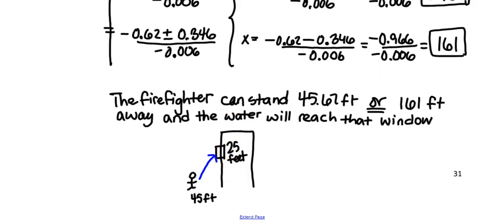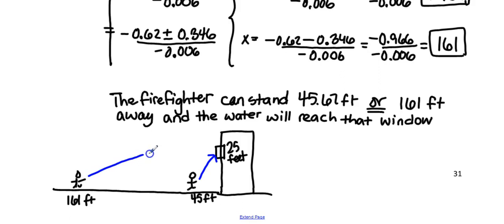But we just calculated that that firefighter could stand at a much safer distance. This is the ground right now, right? They're standing on the ground. That firefighter can stand at a much safer distance, 161 feet away. And imagine what it looks like when water comes out of a fire hose. It's really powerful. And still reach that window. So that's what our two real-world answers mean.